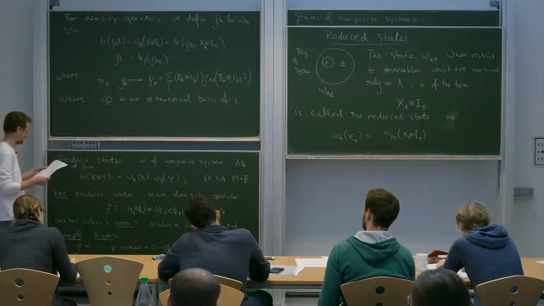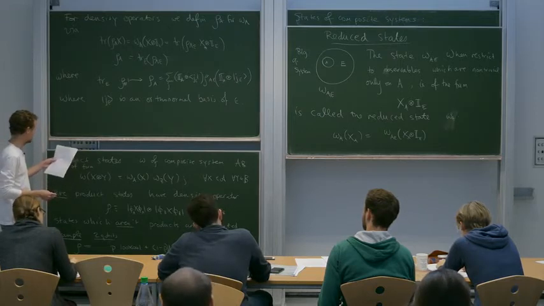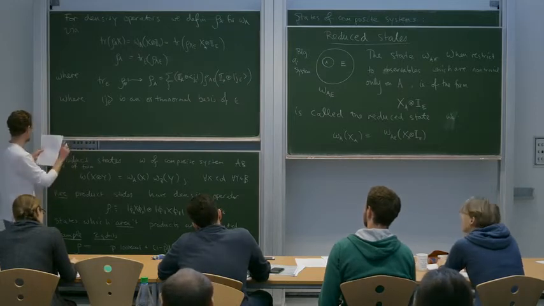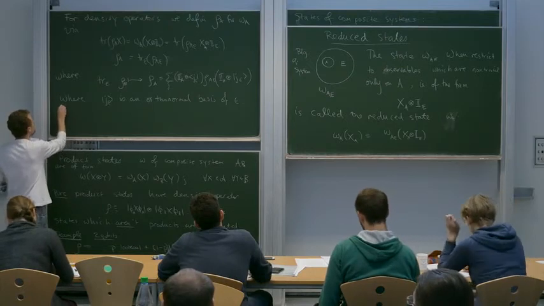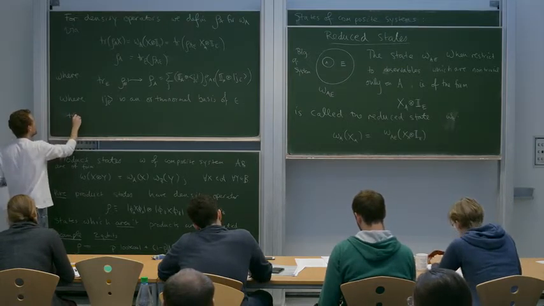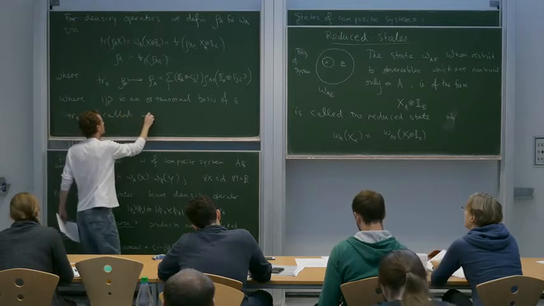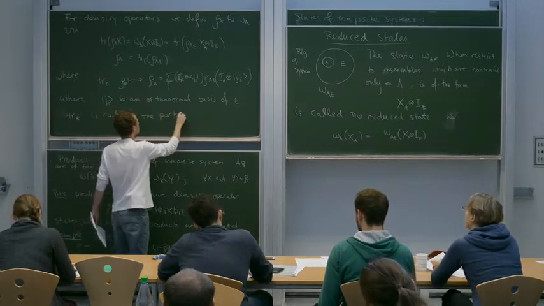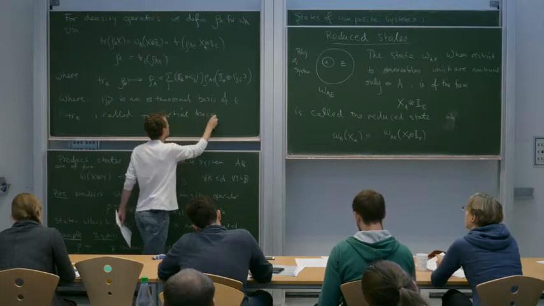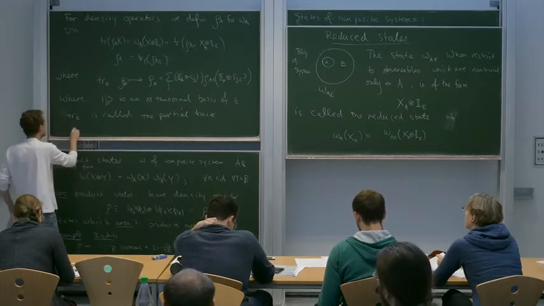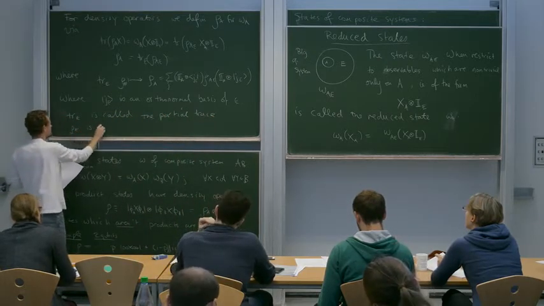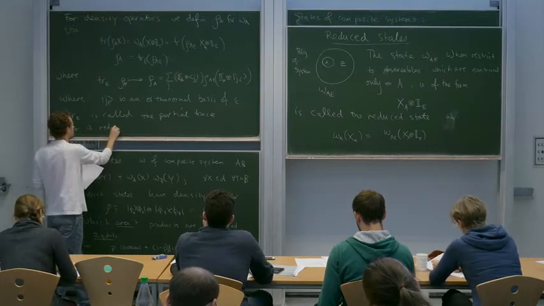So, all right, one more thing. This thing is called the partial trace, as you've no doubt become aware. And rho A is the reduced state, or reduced density operator.